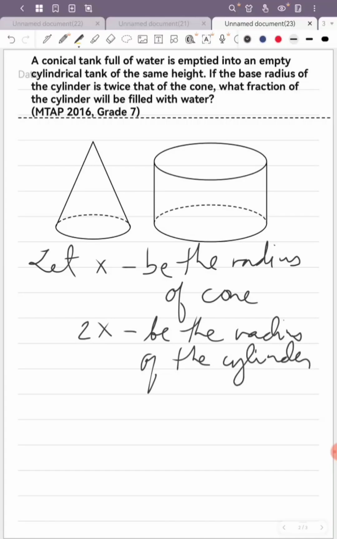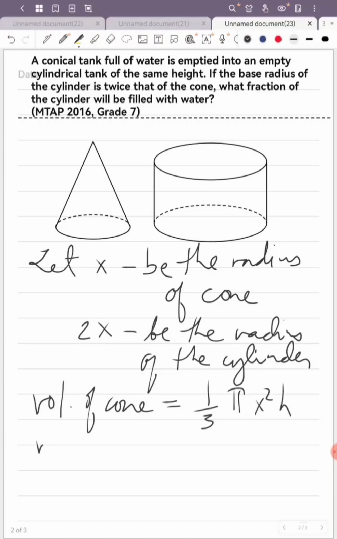So now we will write the volume of the cone. Volume of a cone is equal to 1/3 pi r squared h. So we're going to replace r with x.